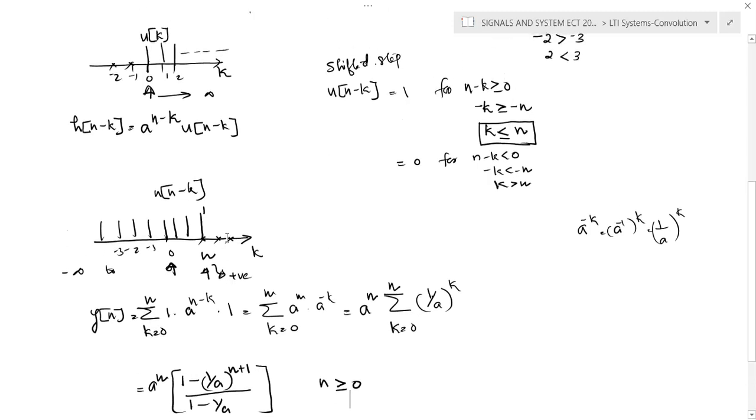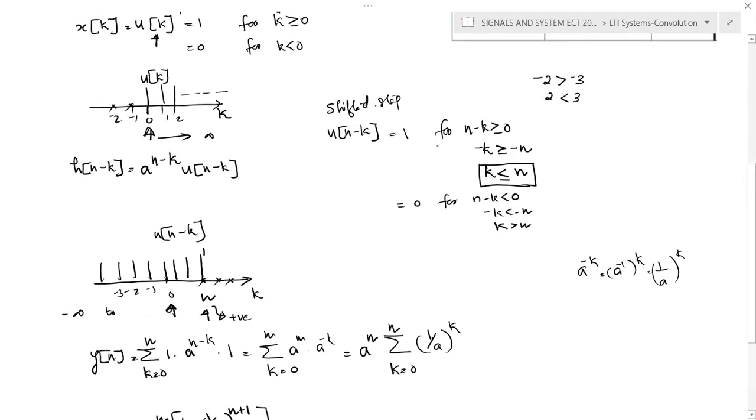But in this particular case, we don't know the value of n. Consider n which is less than 0, for example, consider that n is negative. Okay, if n is negative and if k is less than or equal to n, that means towards the left side.